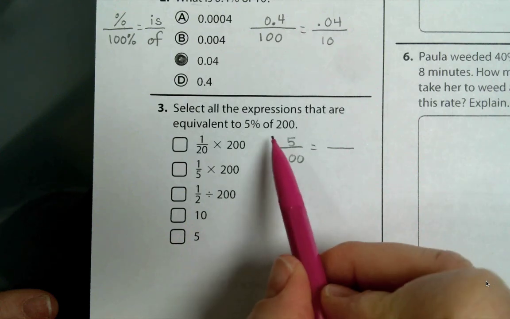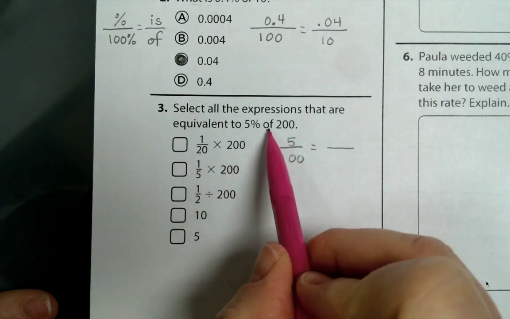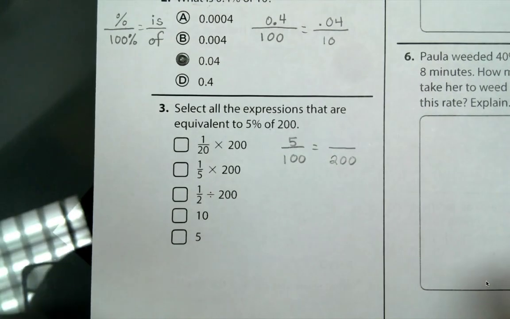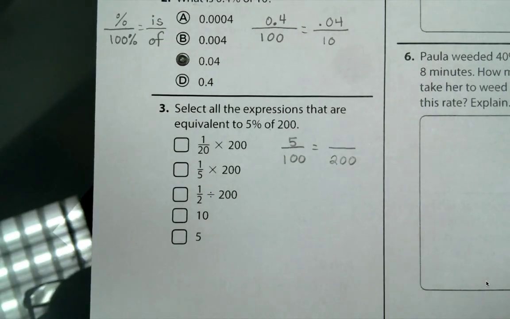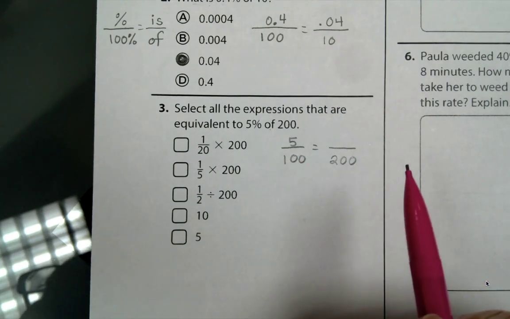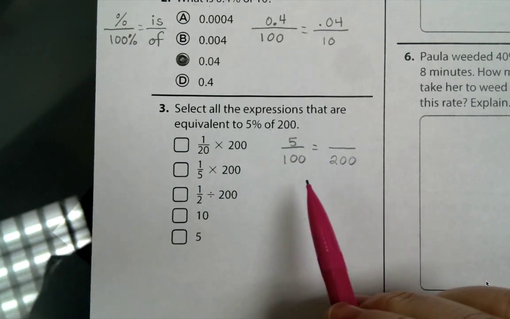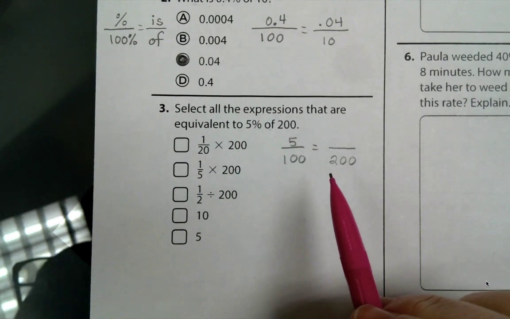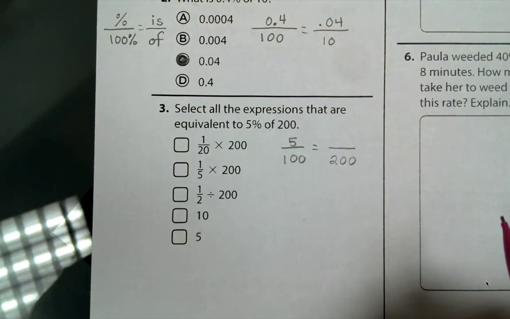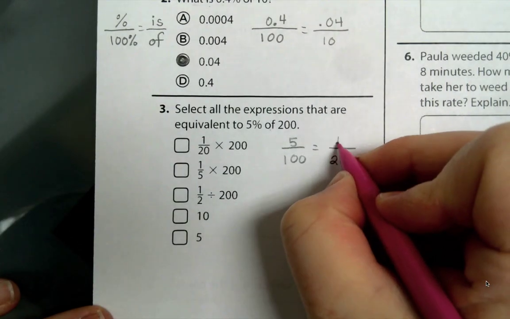We don't know what my is, but we know of is 200, so 200 goes in the bottom. You had similar problems to this in class. I'm going to multiply 5 times 200 and then divide that by 100, and I get 10. So 5% of 200 is 10.